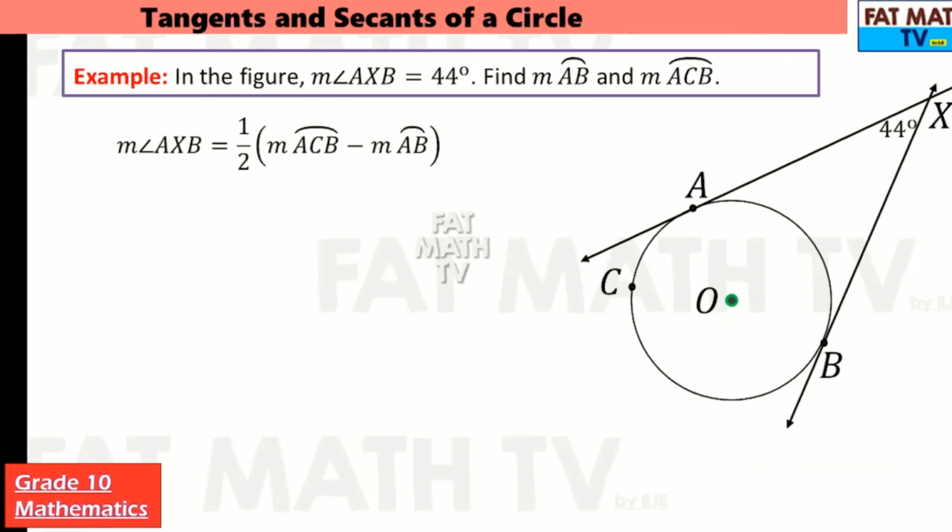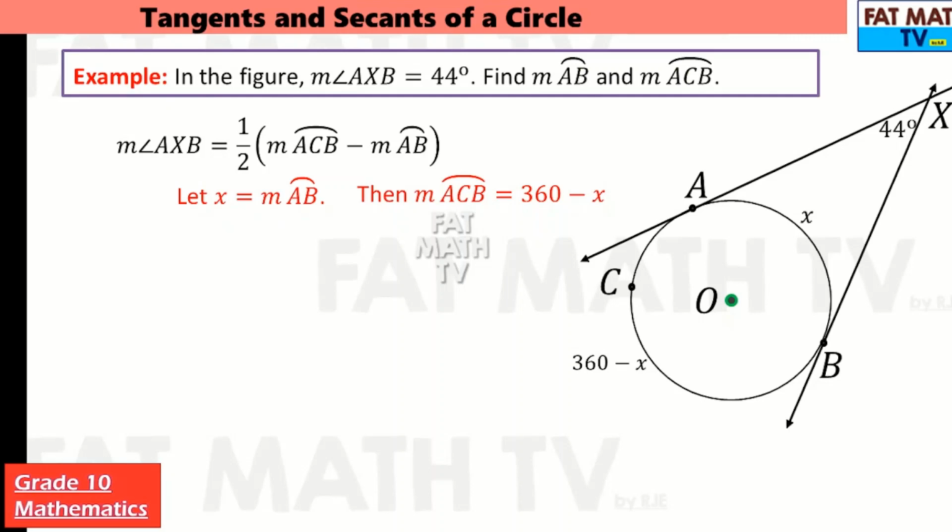Since we don't know both of them, we will represent one of them as x. So let x be the measure of arc AB, this one. So the other one must be 360 minus x because their sum is 360. If one is x, the other one must be 360 minus x.